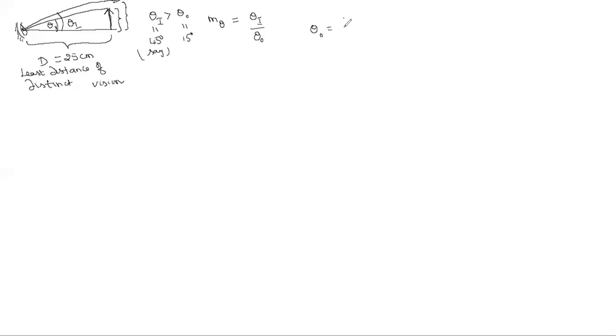Tan theta O equals opposite side, height of object H_O, by the distance, which is 25 centimeters, D. This is fixed for microscope. So theta O is always H_O by D for microscope.